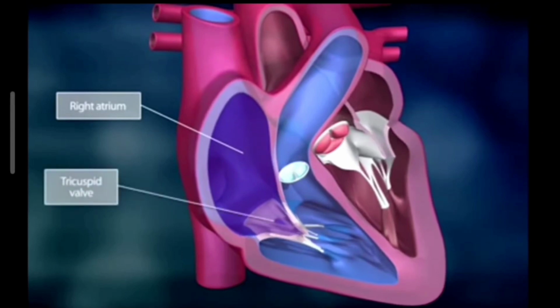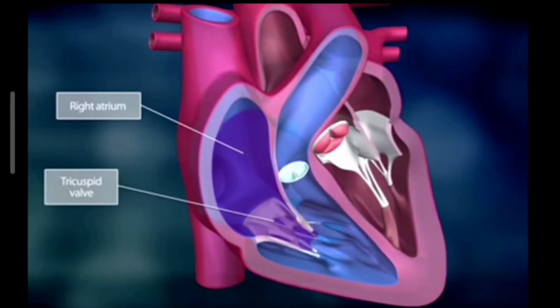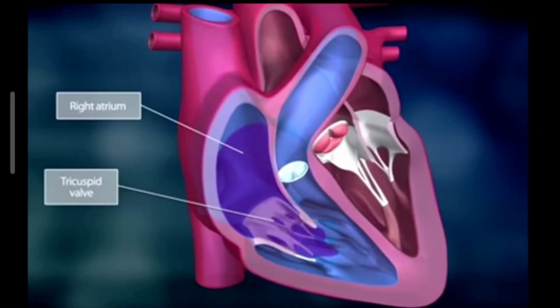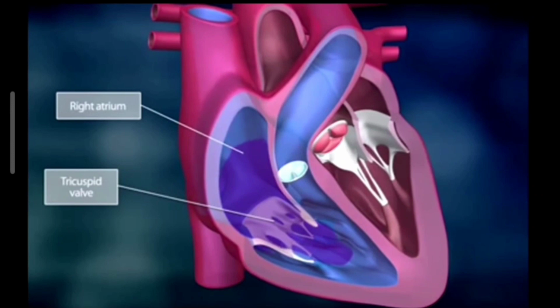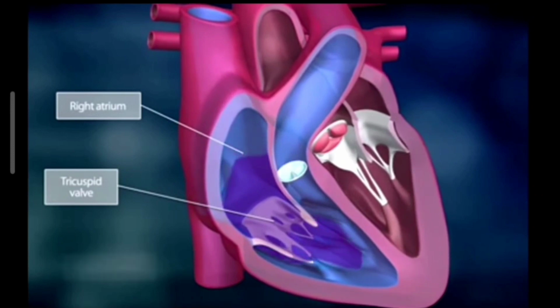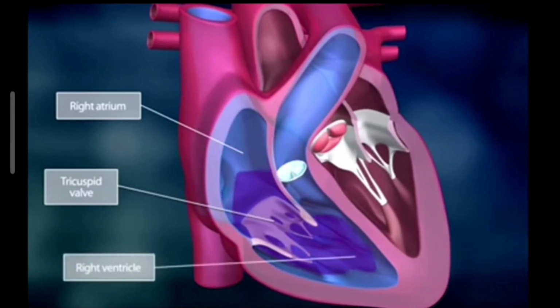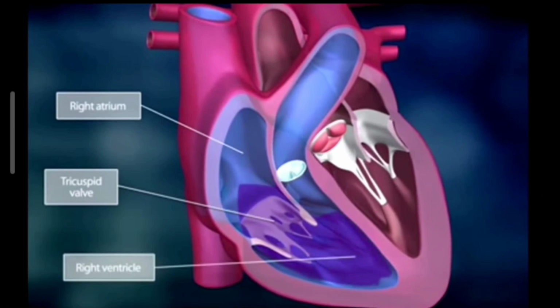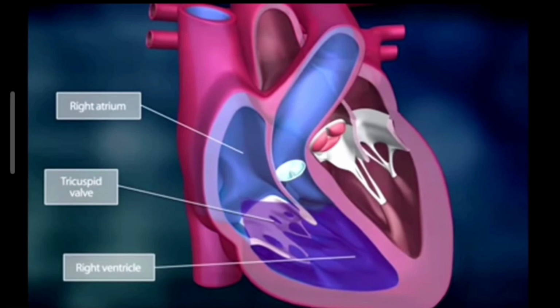Okay, so that is it. The tricuspid valve opens, and there the blood enters into the ventricles. And then once the blood is already in the right ventricle, the tricuspid valve closes, in order not to allow the backflow of the blood.